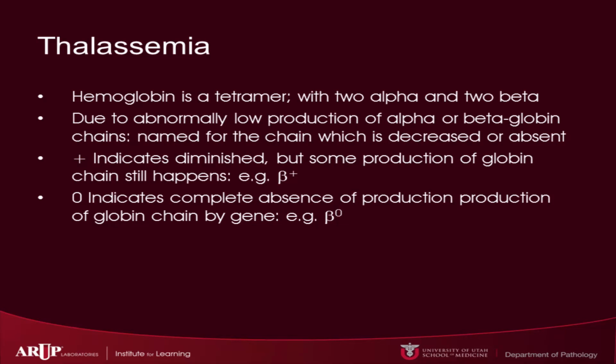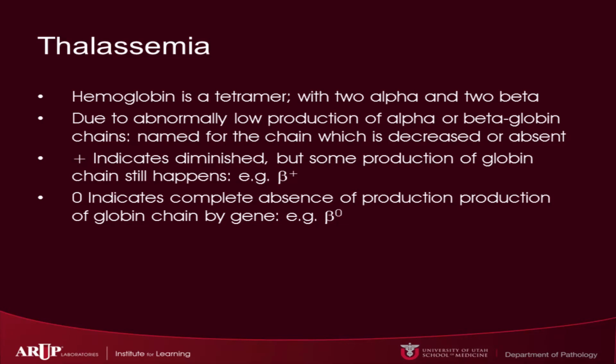Like if it's beta plus, it means there is a decrease in the production of beta chain, but unless we know the genetic etiology behind the beta plus thalassemia, it's hard to predict the phenotype. Beta plus could mean that there is a reduction of 10%, or it could also mean a reduction of 40%.